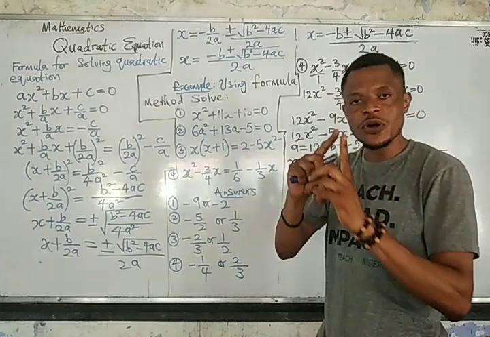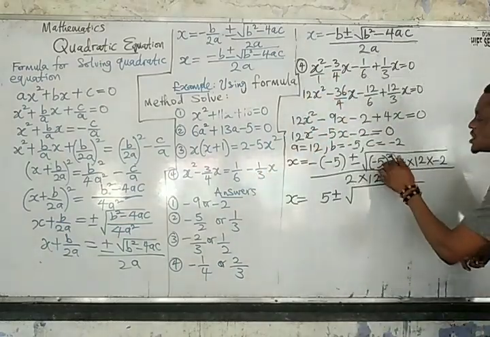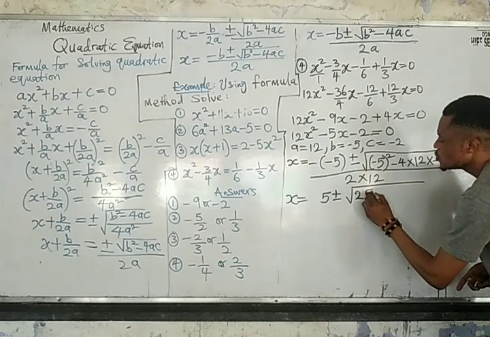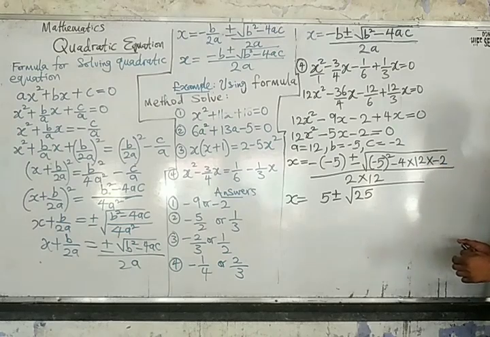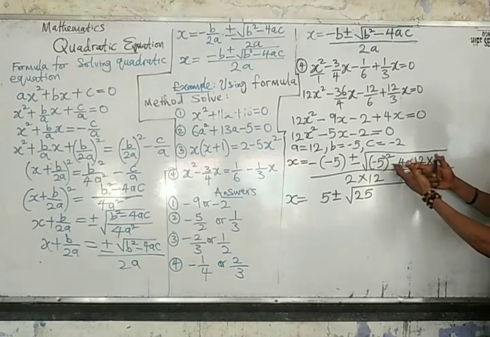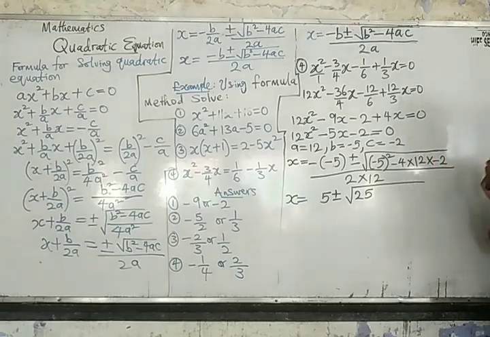Minus times minus plus. Then 5 multiplied by 5, we have 25. So this gives me positive 25. Now back to this. Minus 4 times 12. That's going to give us 48.